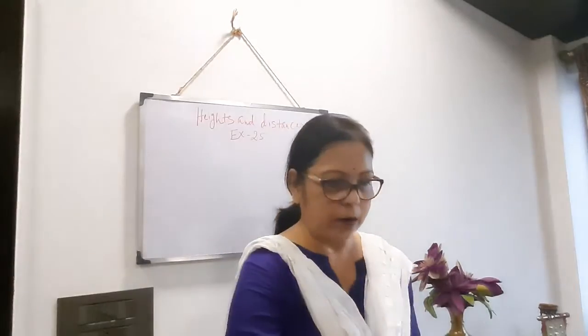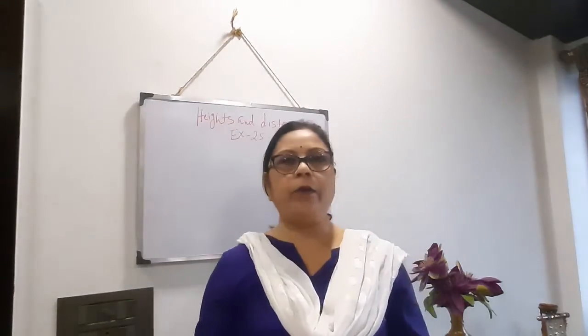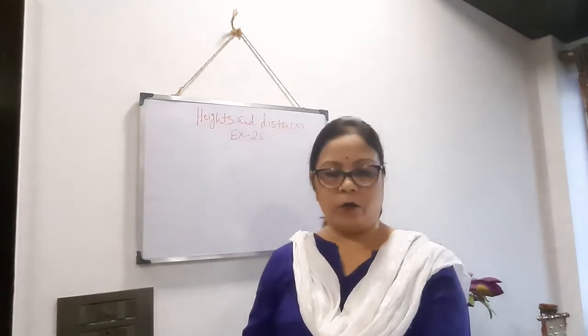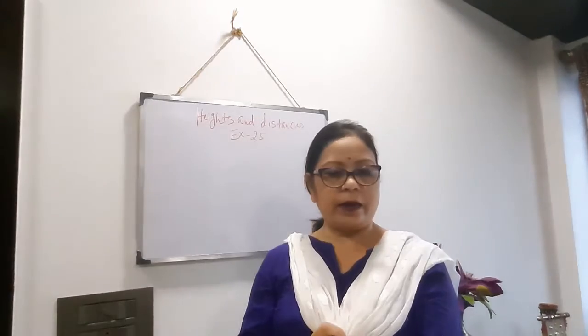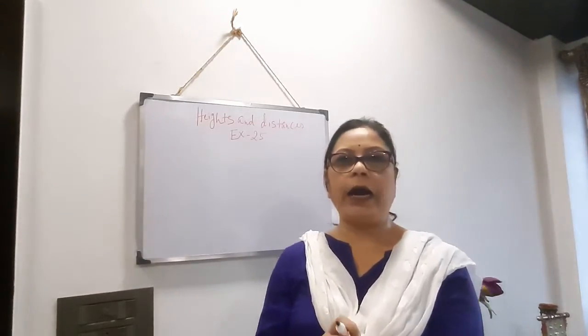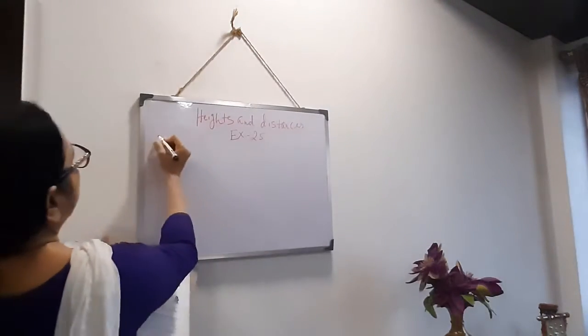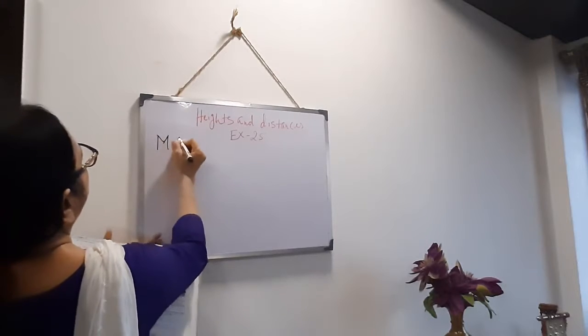Now MCQ part. See, first one: if the angle of elevation of the top of a mobile tower from a distance of 10 meters from its foot is 60 degrees, then you have to calculate the height of the tower. Means first we have to draw the diagram.